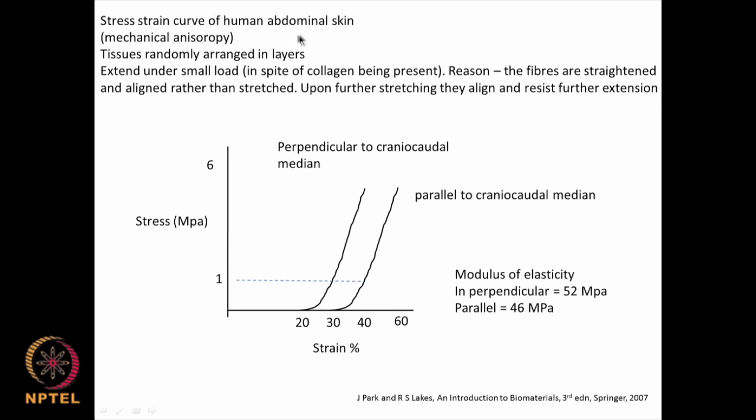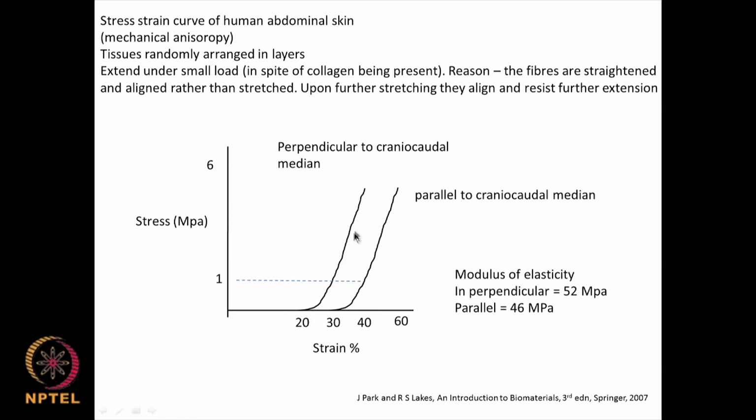If you look at the human abdominal skin stress strain curve, the force can be applied perpendicular to the craniocaudal median. That means if you consider an X-ray entering the head and leaving the tail, that is called the craniocaudal median. So, it can be perpendicular to that, or parallel to that, and we have two different stress strain diagrams.